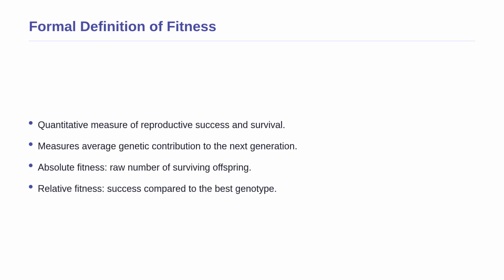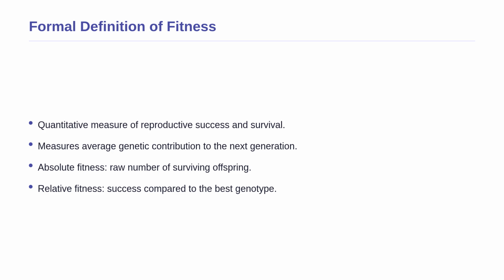Now that we understand the intuition, let us look at the formal definition. In evolutionary biology, fitness is a strict quantitative measure of reproductive success and survival for a specific genotype or phenotype. It represents the average contribution that individuals with a particular genetic makeup make to the gene pool of the next generation.